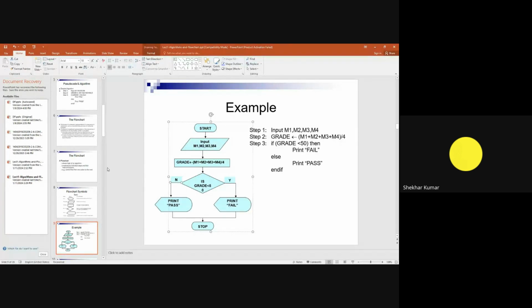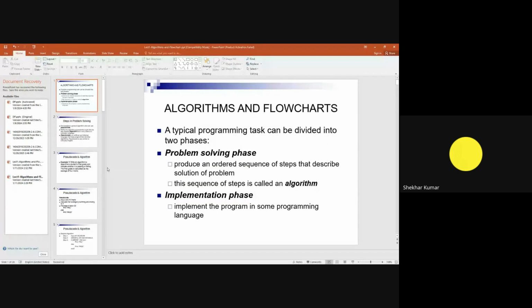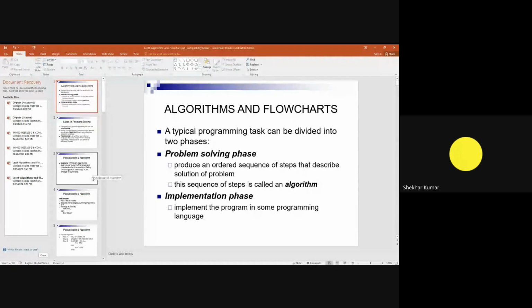So in programming, there are 2 phases. The first is the problem solving phase. In the problem solving phase, we develop an algorithm with the help of pseudocode. And in the second phase, the implementation phase, we use some programming language to implement the program.